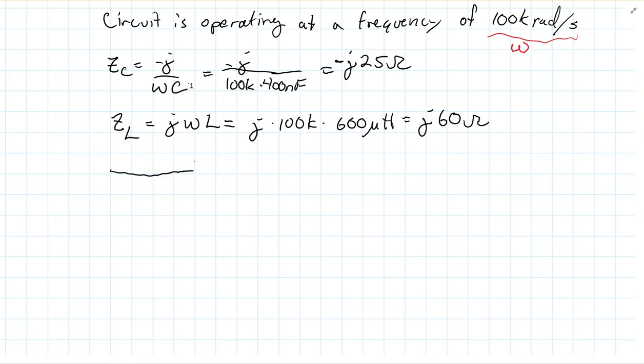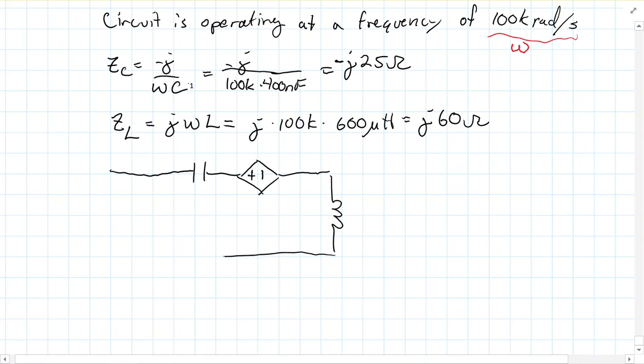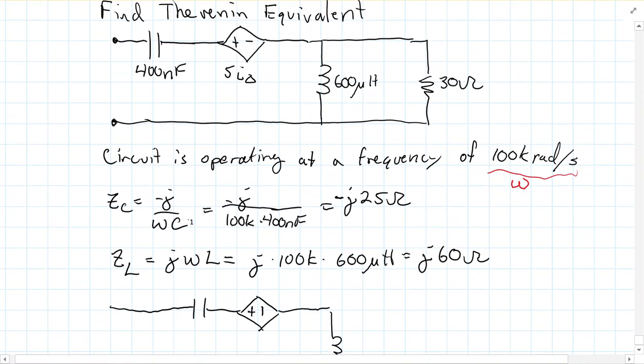Redrawing the circuit. Sorry, I got myself slightly distracted there. And I think I forgot to label in this very first circuit here. I delta is the current through the 30 ohm resistor, except it's actually going the other direction. It's going that direction.